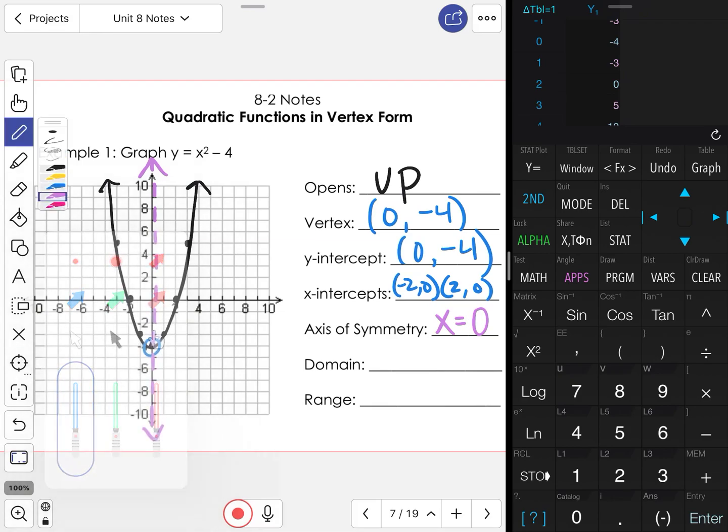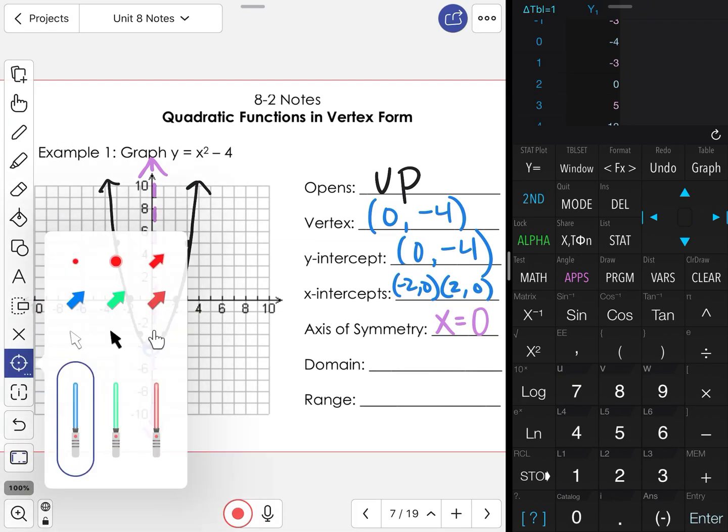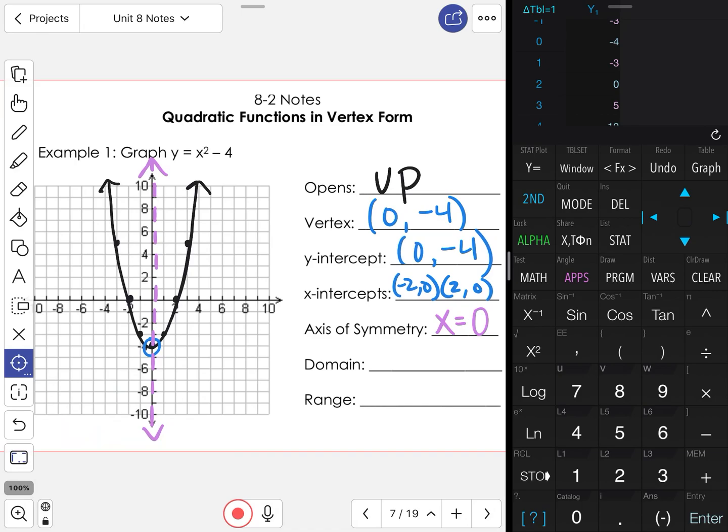Let me use a lovely lightsaber as my vertical line. So remember, you take a vertical line across your graph, and wherever you start to touch, that starts your domain. So if I drag my vertical line across my graph, I start to touch on an arrow.